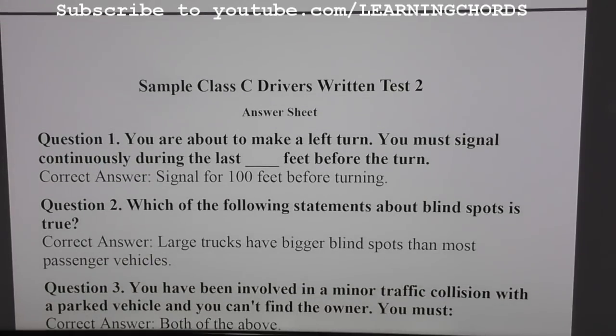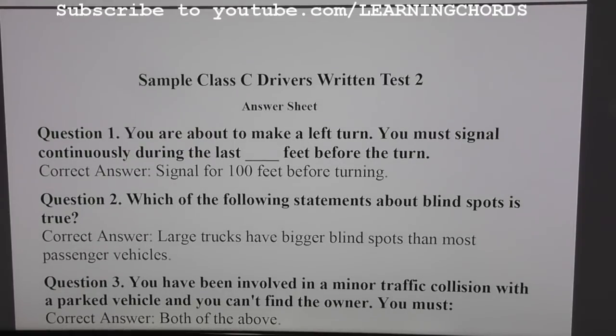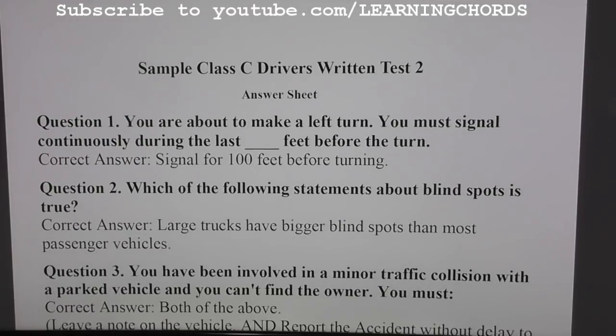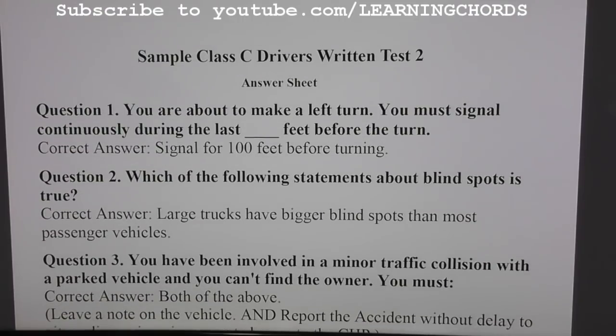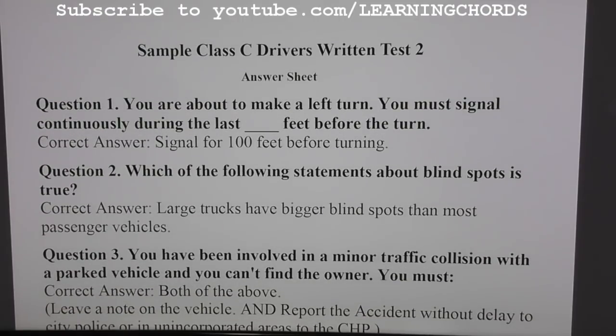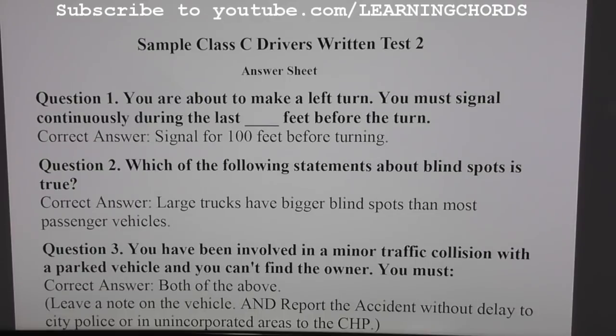And now we're on to question 3. You have been involved in a minor traffic collision with a parked vehicle and you can't find the owner. You must answer both of the above. And in this case, it's both of the below. Leave a note on the vehicle and report the accident without delay to the city police or in the unincorporated area to the CHP.